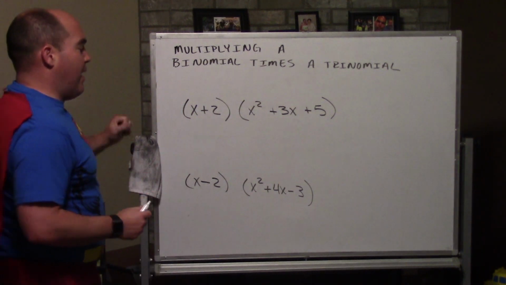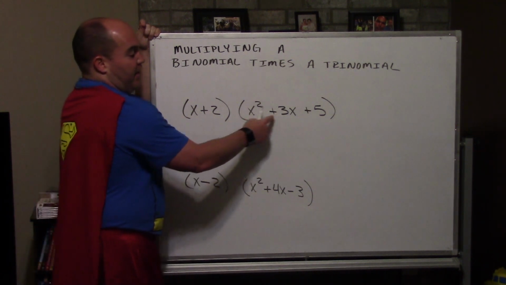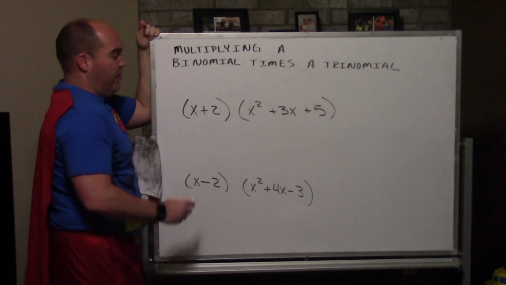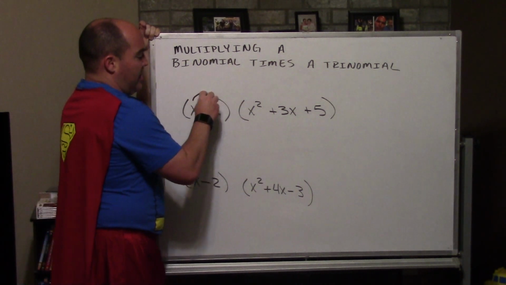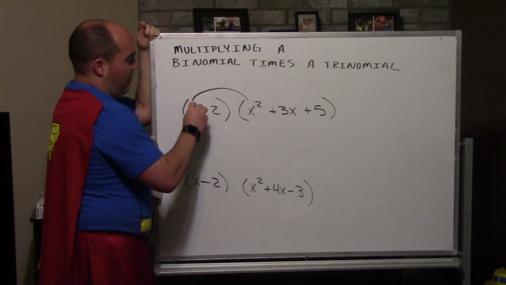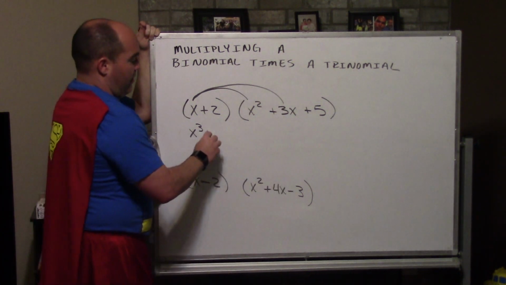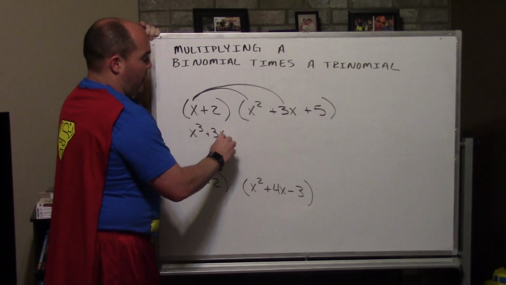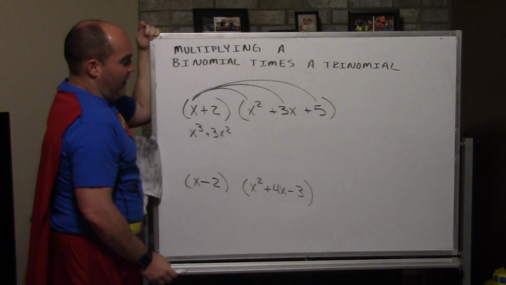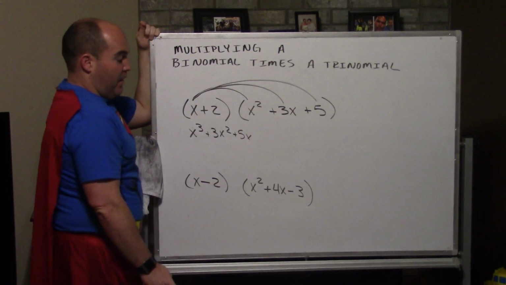The first thing that has to happen is we've got to multiply this x times everything in the second set of parentheses, in that trinomial. So x times the x squared gives us x cubed, then x times the 3x is 3x squared, and then x times the 5 is 5x.